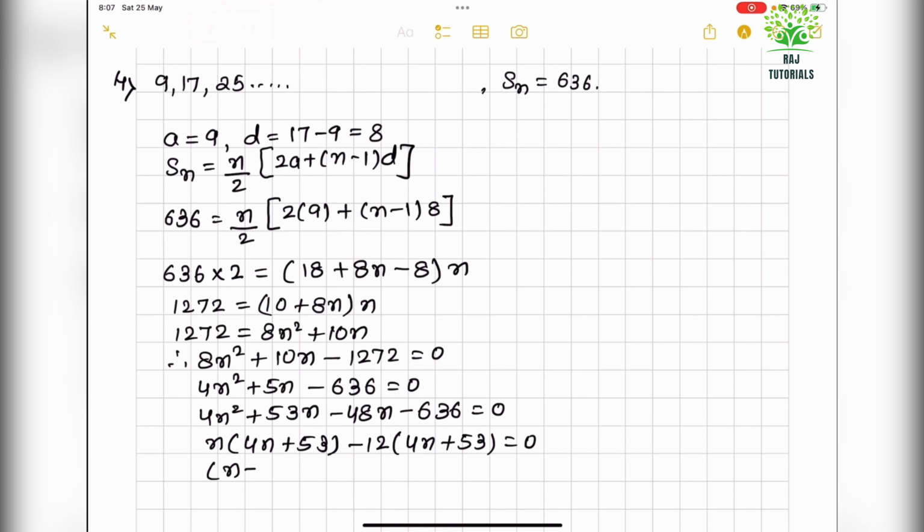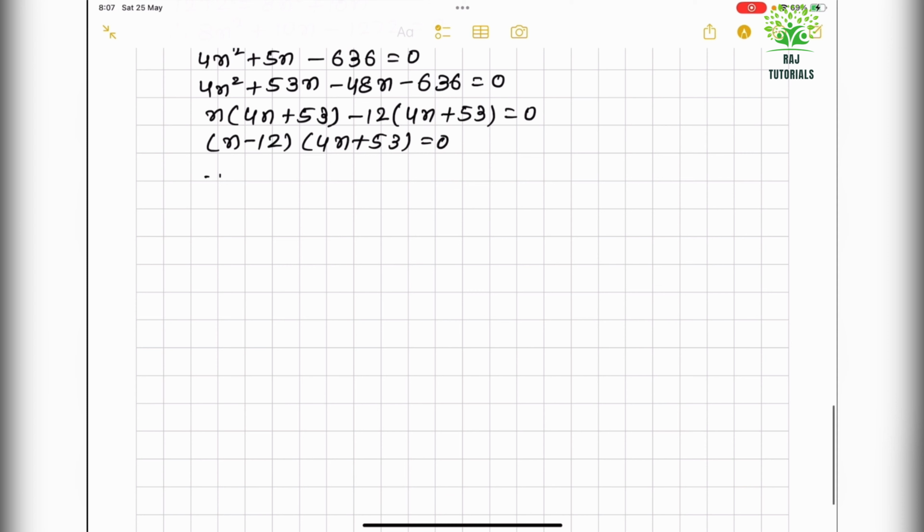So here I will get n minus 12 into 4n plus 53 equal to 0. So therefore I can say either n equal to 12 or n equal to minus 53 by 4. Therefore n equal to 12, because the number of terms will always be positive.